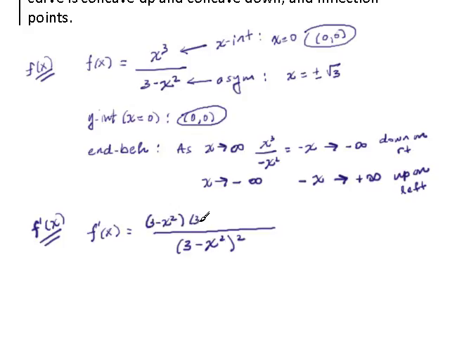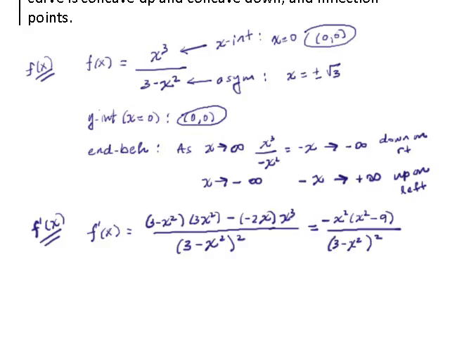Derivative of numerator minus derivative of denominator times the numerator. Now all this, if we multiply out this numerator and simplify, here's what we get. Okay, here's what we get in simplified form.